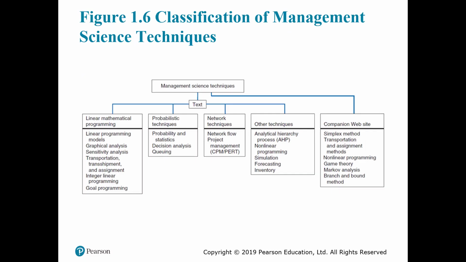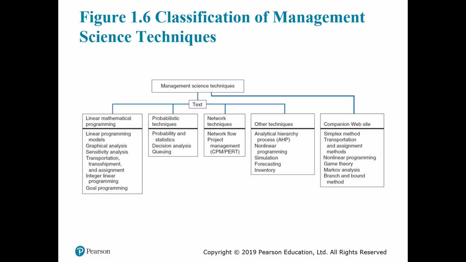Graphical analysis, sensitivity analysis, transportation and transshipment problems, integer programming, and goal programming. So they are one group, we call them the linear programming techniques. Our course will be largely based on this.